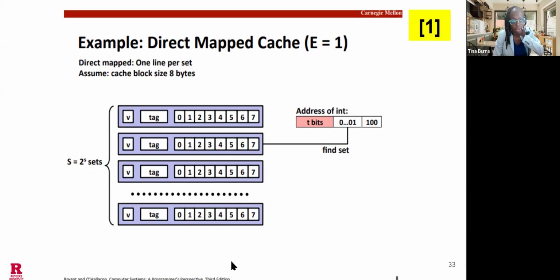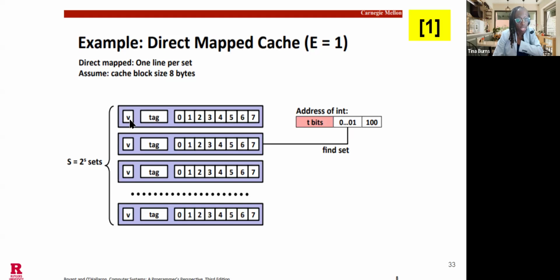For a direct map, let's look at this example and what this is telling us. It says you have a direct map, there's 1 line per set, and your cache block is 8 bytes, right? Remember this is one cache block: 0, 1, 2, 3, 4, 5, 6, 7, so it's going to be 8 bytes here. We'll go over this a little bit later on.